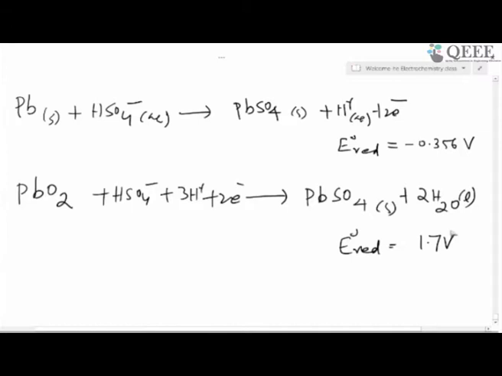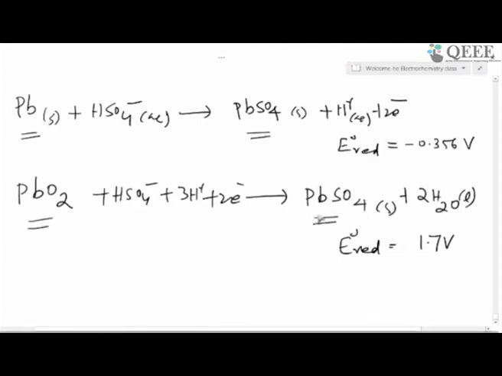Okay. So in the previous case, in case of the alkaline battery, the zinc electrode we can call an anode, and the other electrode MnO2 can be called a cathode, because in the zinc electrode oxidation happens, so it is anode. In the other electrode reduction happens, so MnO2 is a cathode. But in this case, when I discharge, lead will become lead sulfate and lead oxide will also become lead sulfate.